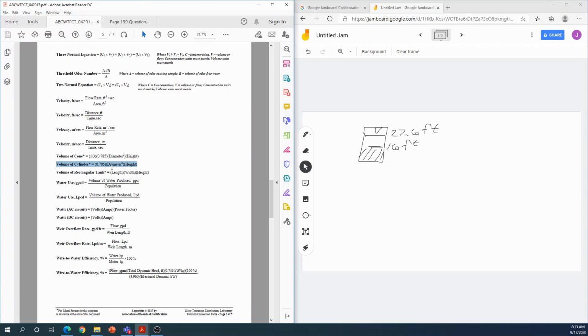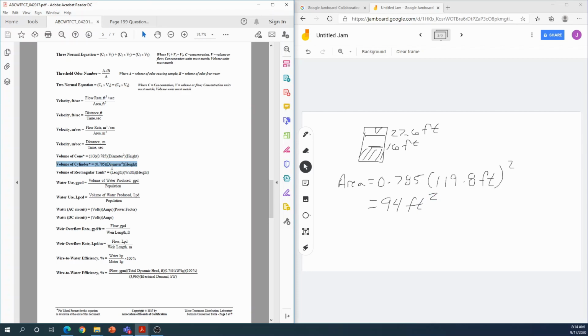The area of our tank is 0.785 d squared. We know our diameter is 119.8 feet. So this is going to give us 94 square feet.